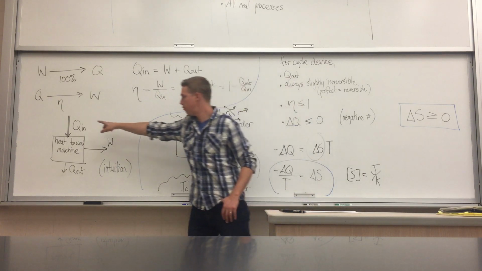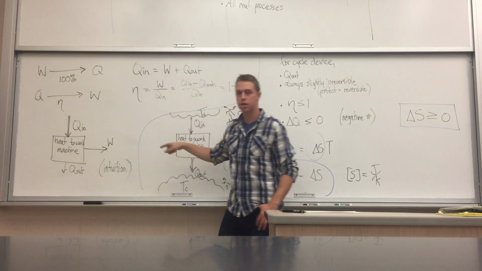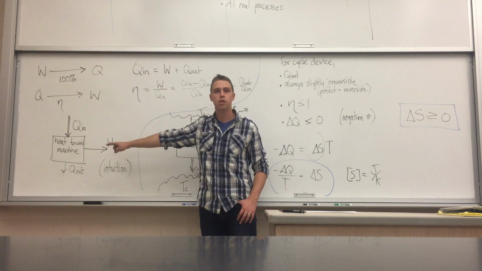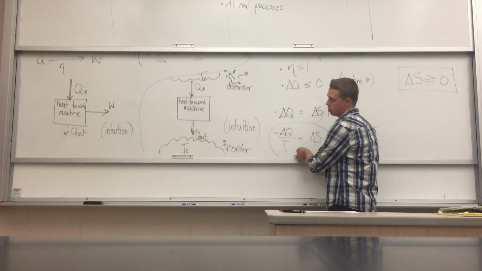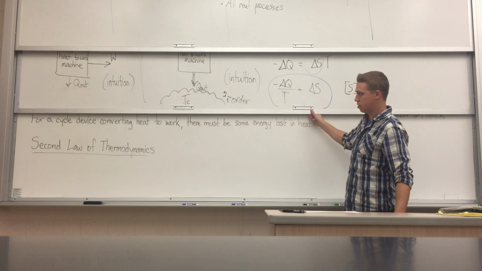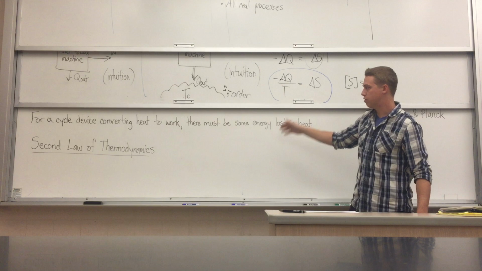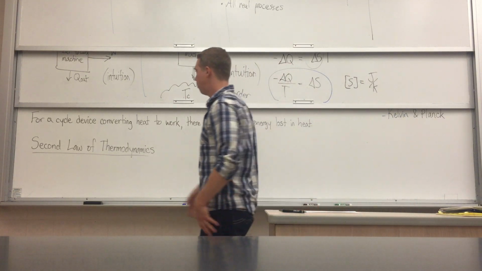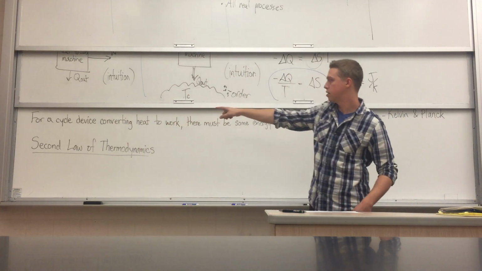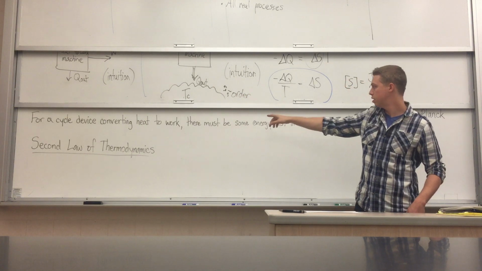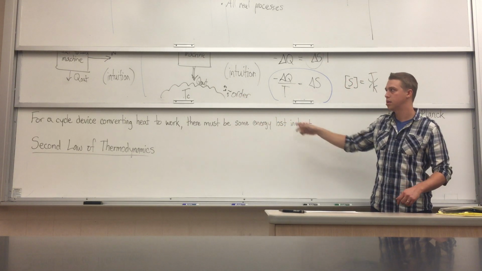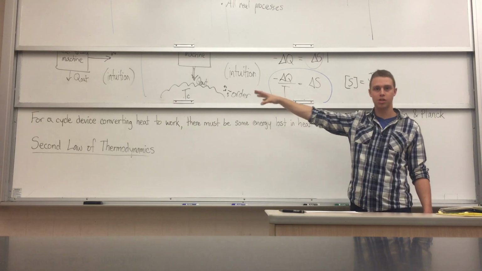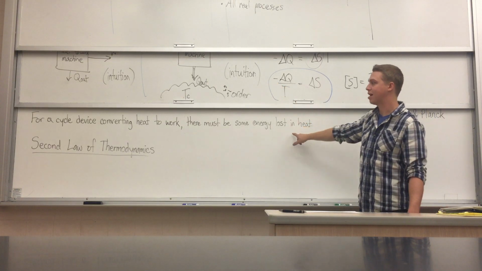We could not perfectly just go Q in and just get work out. There's always a little bit of heat loss in that system. Well, I've got this written out. Second law of thermodynamics: for a cycle device converting heat to work, there must be some energy lost in heat. That's exactly what our intuition was, and that's the second law.